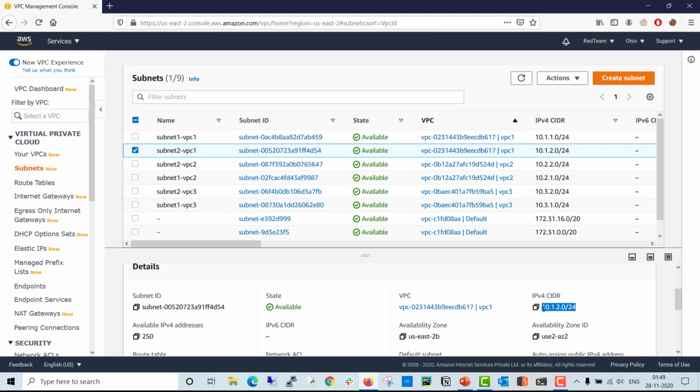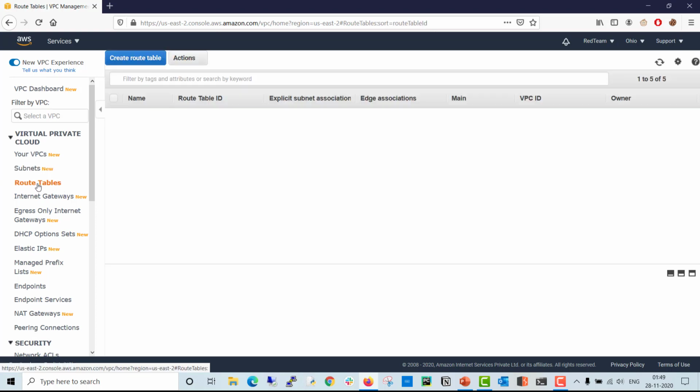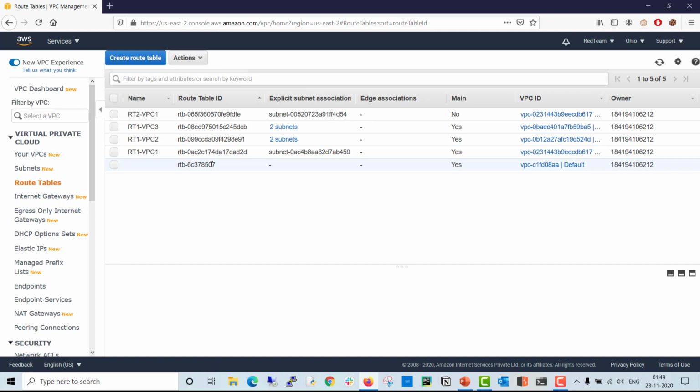We discussed VPC, we discussed subnet. Now the important thing we are going to discuss is the routing table. So you can see here in this VPC, let's go to the routing table. This is the routing table we have.